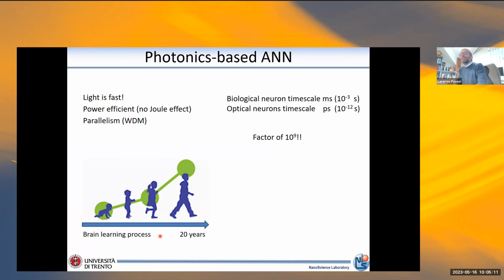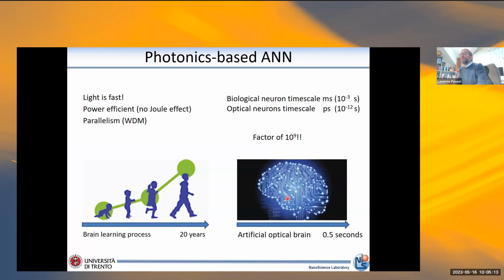So that means that if we are able to make an artificial optical brain, the learning will take only half a second instead of 20 years. So this is the motivation of using photonics for neuromorphic applications.